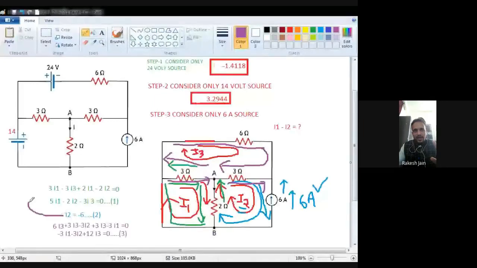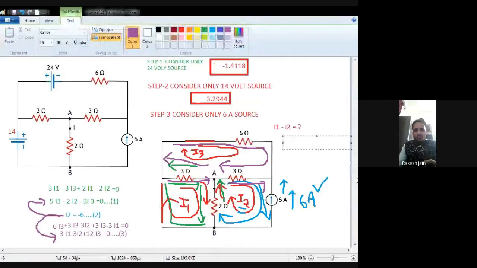Once again I am repeating this. In the second mesh I denoted the direction of the current as I2, but a direct current is given in the question itself, that is 6 ampere. Second mesh current is I2 according to you, and according to the question it is directly given 6 ampere.